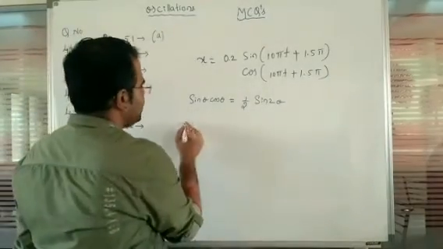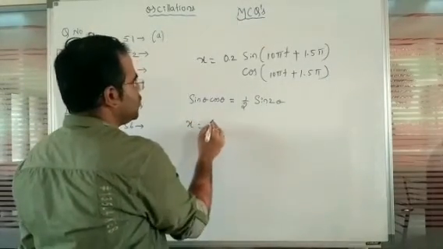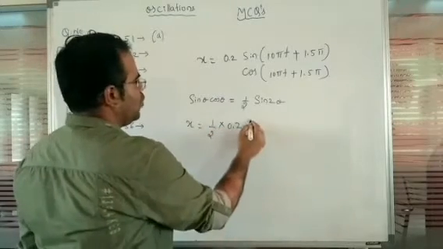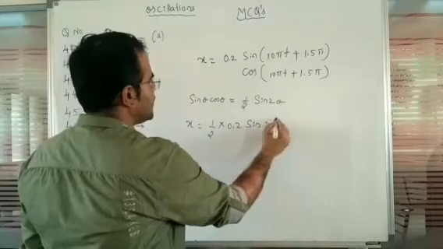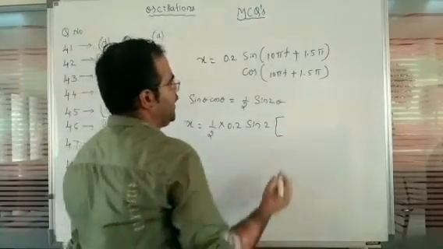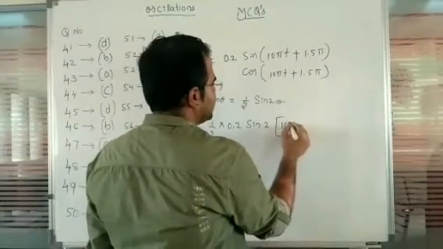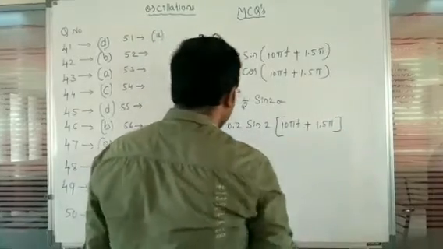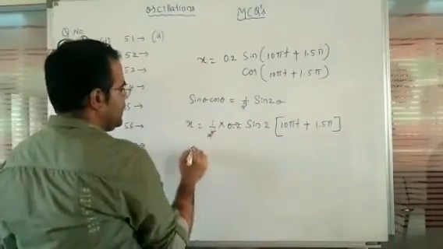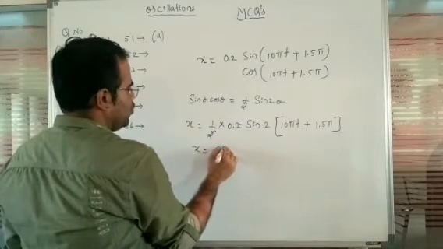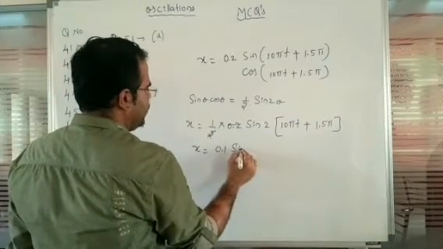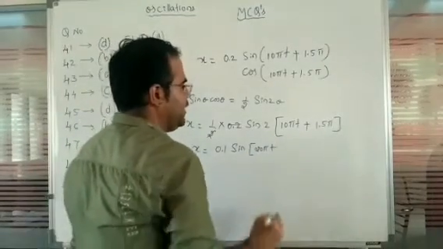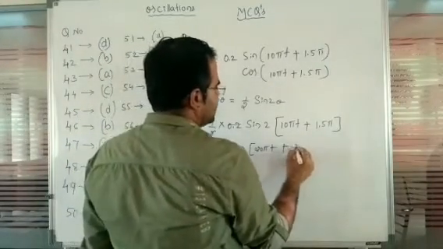The same equation we are going to observe here. So x is equal to 1 by 2 multiplied by 0.2, sine of 2 into theta, where theta is 10 pi t plus 1.5 pi. So x is equal to 0.1 into sine of 20 pi t plus 3 pi.